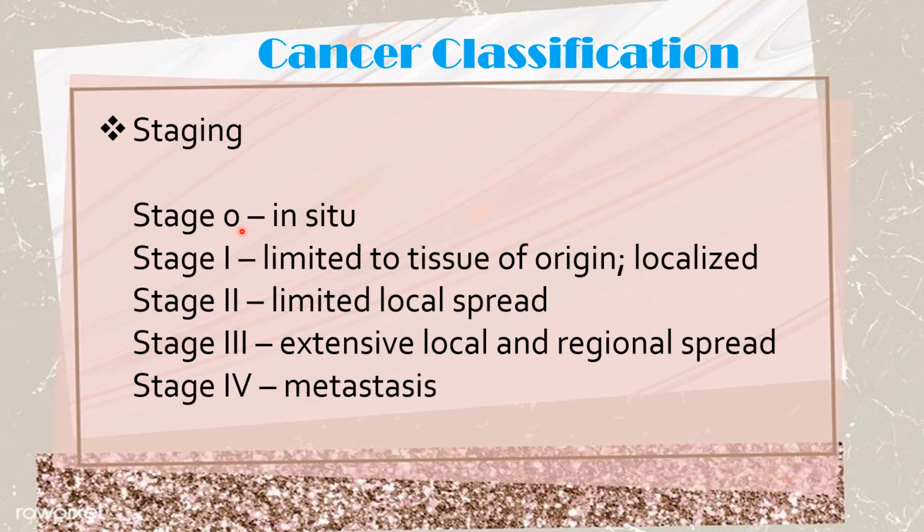So stage 0, in situ. Stage 1, meaning limited to tissue of origin or localized pa lang siya. Stage 2, there is a limited local spread. While stage 3, there is an extensive local and regional spread. Stage 4, meaning it already metastasized or it involves other organs.